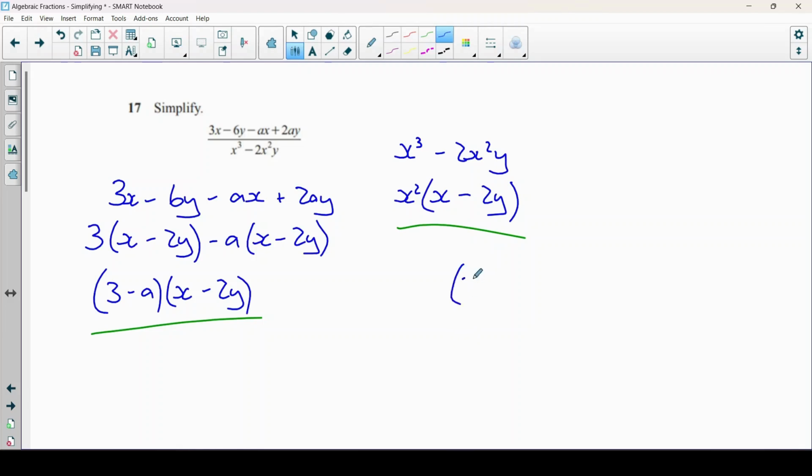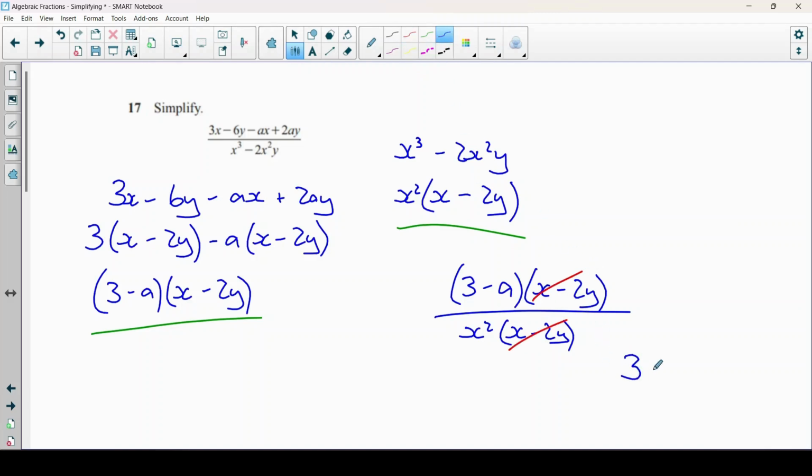On the top, 3 minus a, x minus 2y. On the bottom, x squared, x minus 2y, and then we'll divide top and bottom by x minus 2y, and we get 3 minus a over x squared.